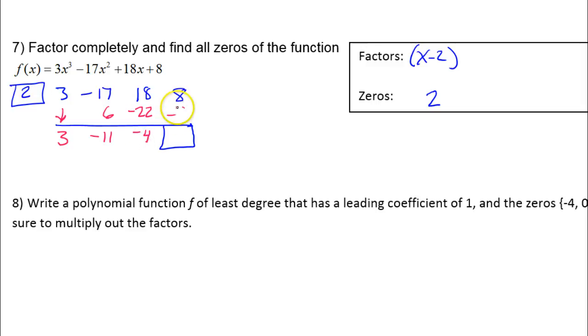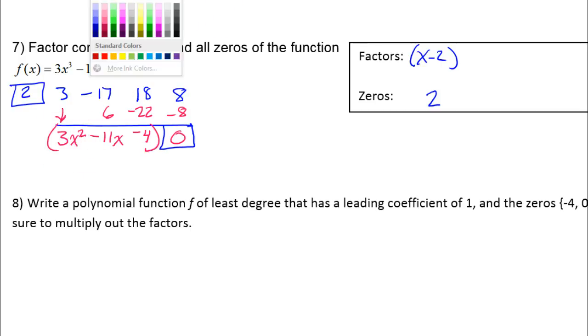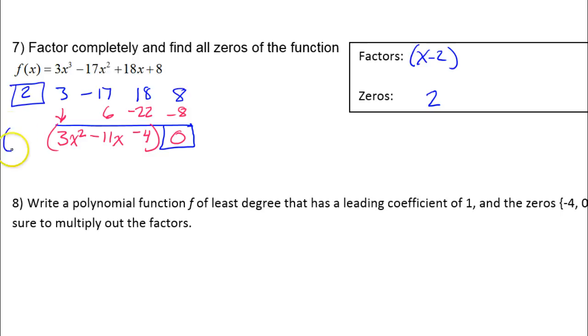Times 2 is negative 8. 0. All right, as we knew it would be. Now if I put these variables back in here, this is 3x squared, this is negative 11x minus 4. So this is what I have so far. All right, and of course I had my factor of x minus 2, so I have that.